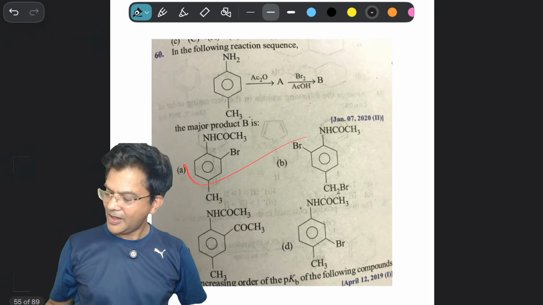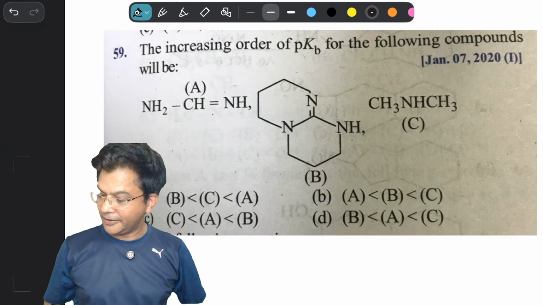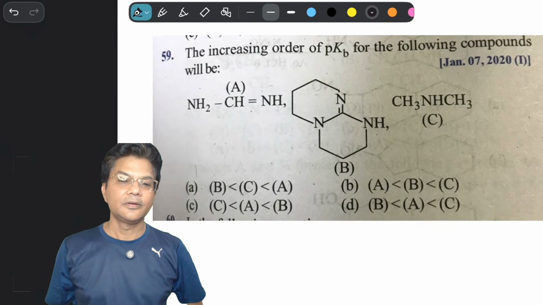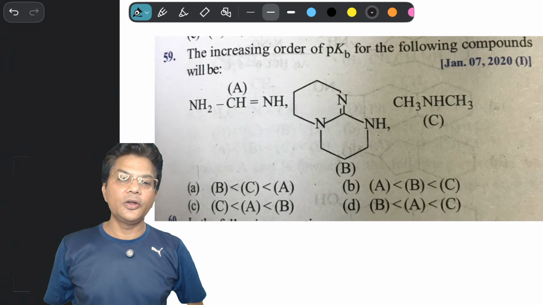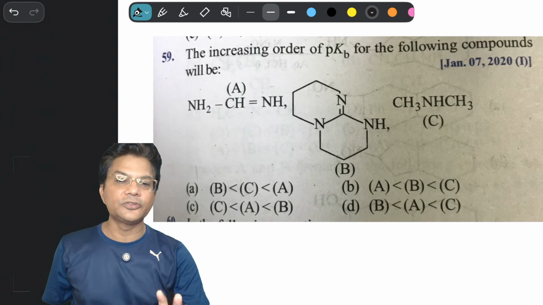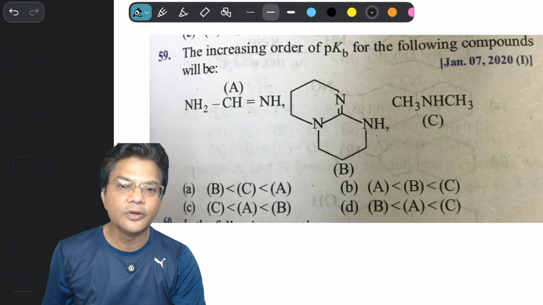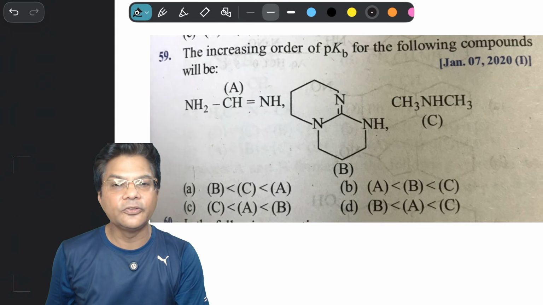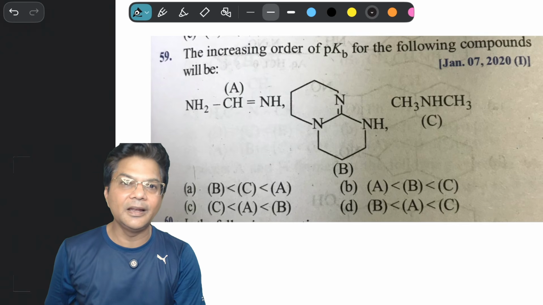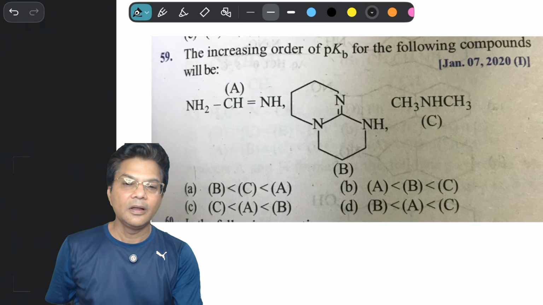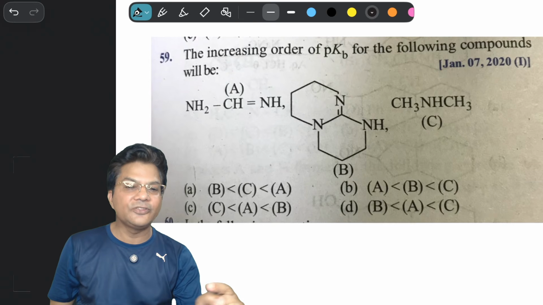Next question on your screen. Increasing order of pKb. Such type of questions, first of all, find out which one is most basic. Most basic means maximum Kb and least pKb. Least pKb means from the least you have to go.